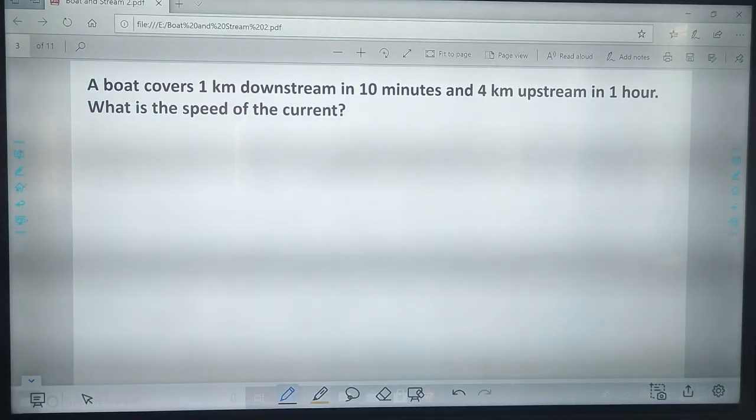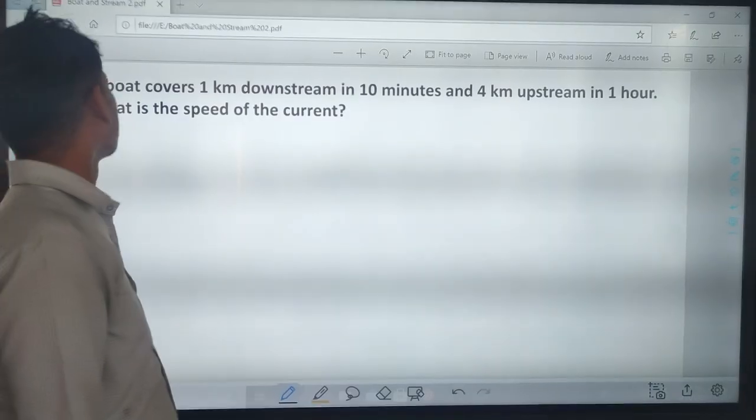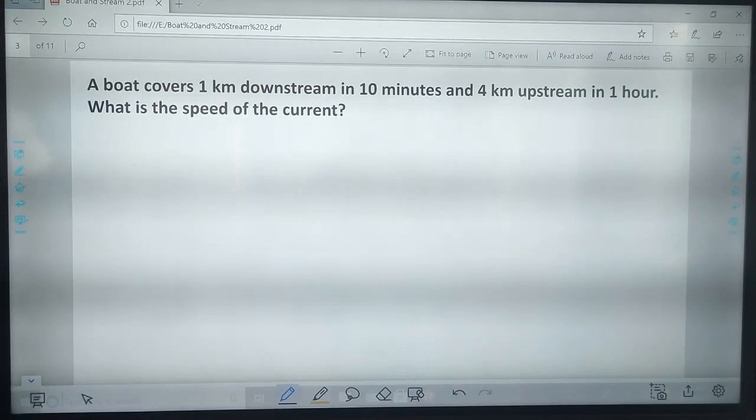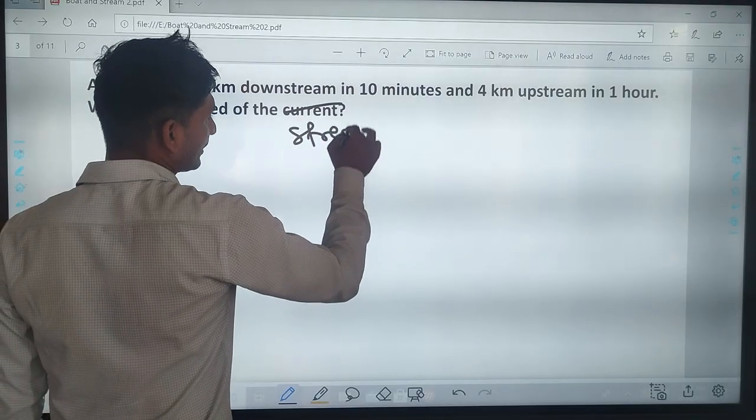a boat covers 1 kilometer downstream in 10 minutes and 4 kilometer upstream in 1 hour. Then what is the speed of current, or speed of stream?